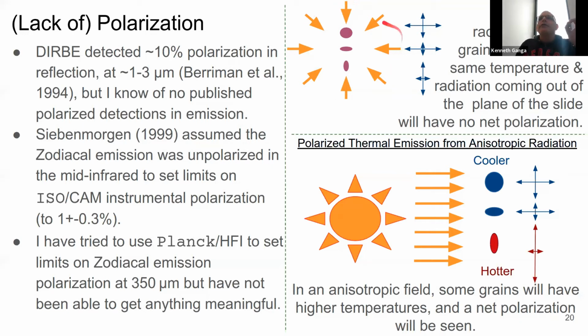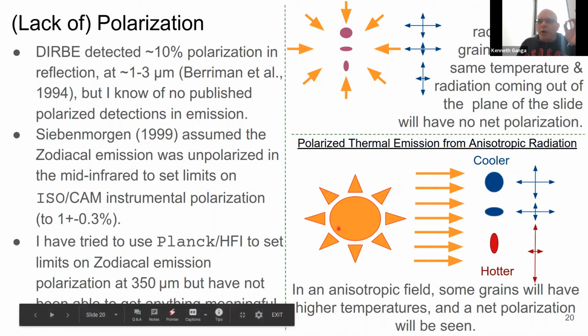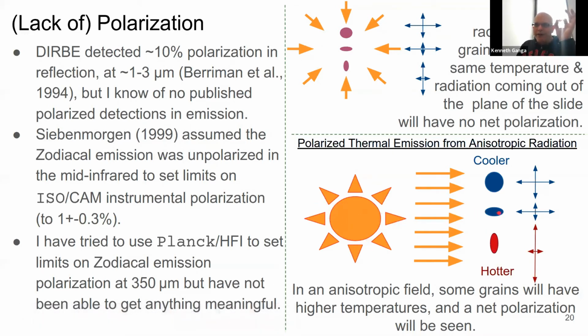If you're in a uniform radiation field, they're all going to be at the same temperature no matter what the orientation, face on, edge on, or side on. But in our solar system, the sun is always illuminating particles from one side, and you have to imagine that we're observing outside the plane.